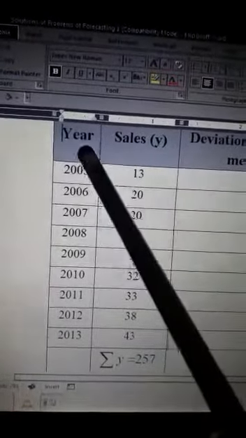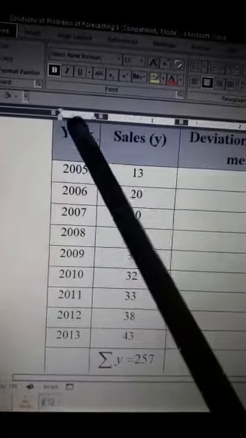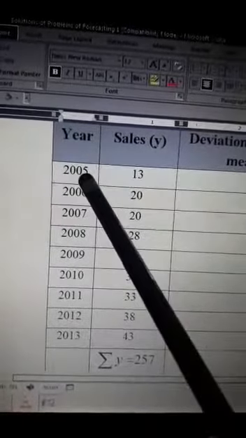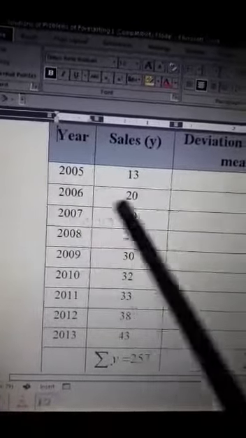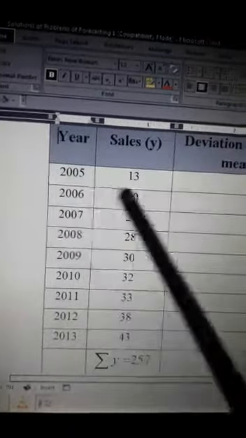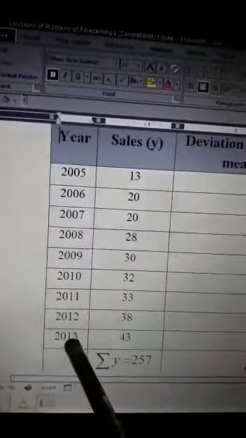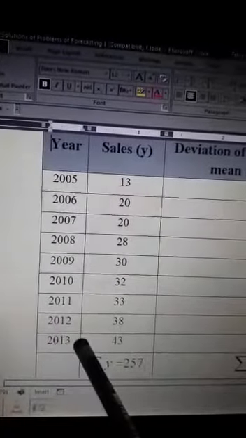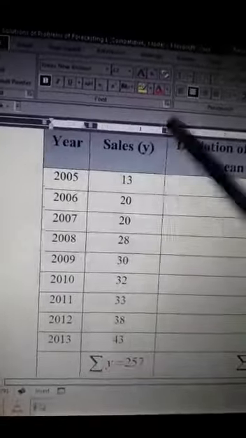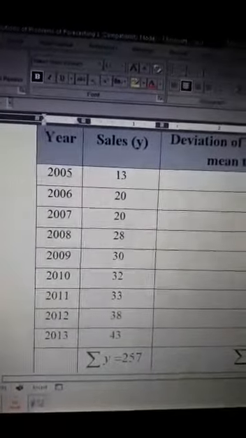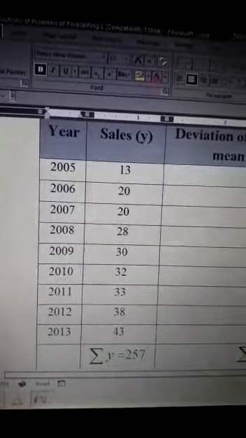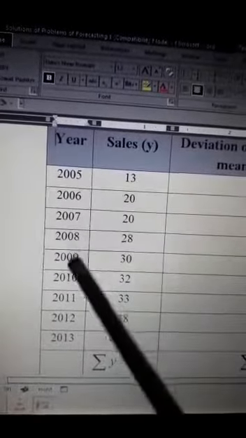For example, the actual sales which took place in the year 2005 is 13. The actual sales which took place in the year 2006 is 20, and so on till 2013. So all these data pertain to the actual sales that took place during these time periods.